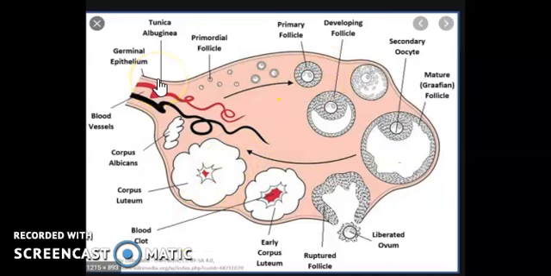The cortex is covered externally by a layer of germinal epithelium. The stroma, or loose connective tissue of the medulla, has blood vessels, lymph vessels and nerve fibers. The outer cortex is more compact and granular.